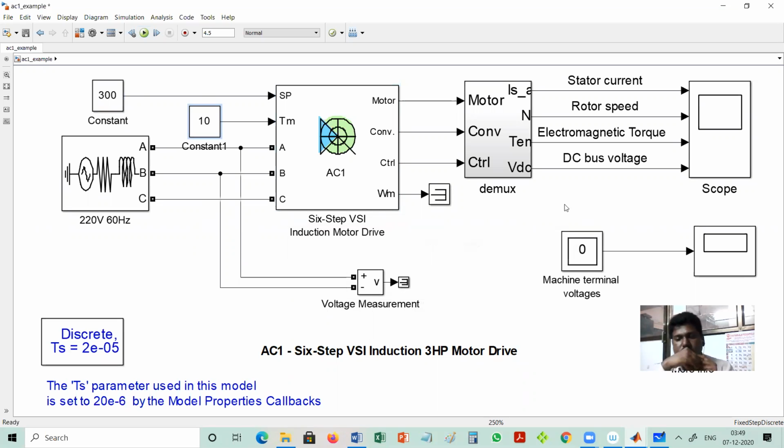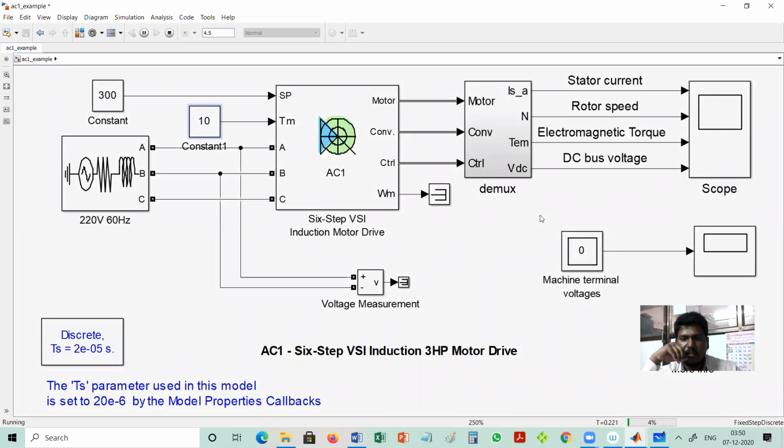Okay, it is running. One minute. Now it is compiling. Now it is running. For the first reading, it will take some time. After that, it will run fast.